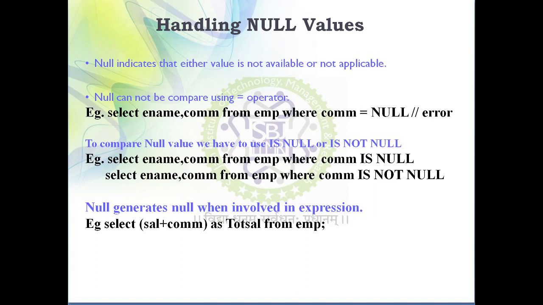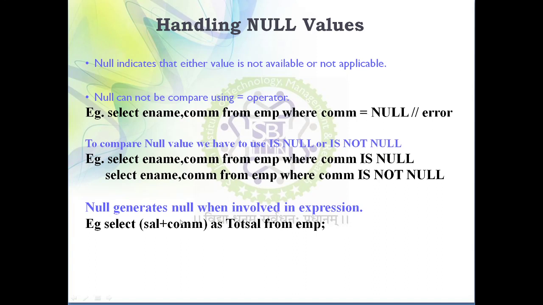One logic that comes to my mind is to write the query: select ename, commission from employee where commission equals to null. But here I already mentioned that null cannot be compared using the equals to operator.